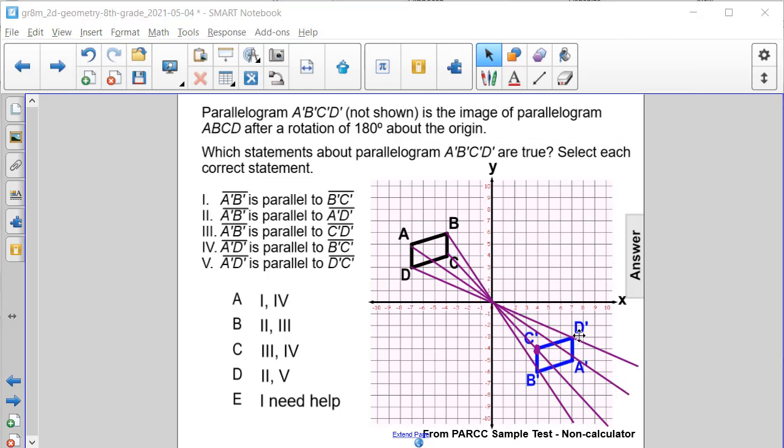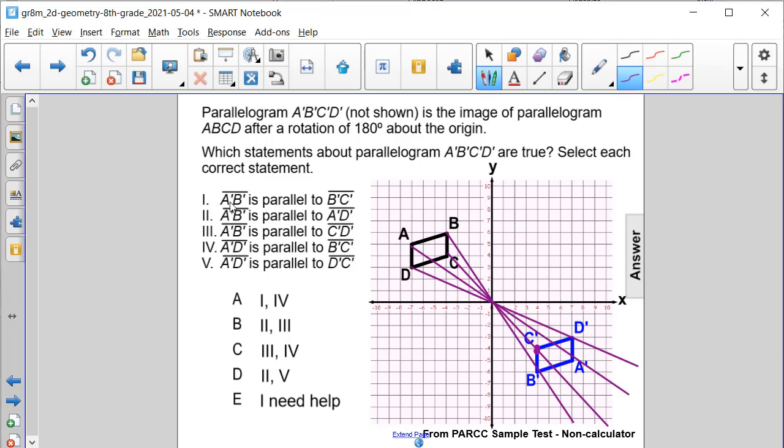So then here's where the parallelogram would show up if we plotted each of those points on their respective lines. So now let's compare our image parallelogram with the statements that we have here and see which ones are true.